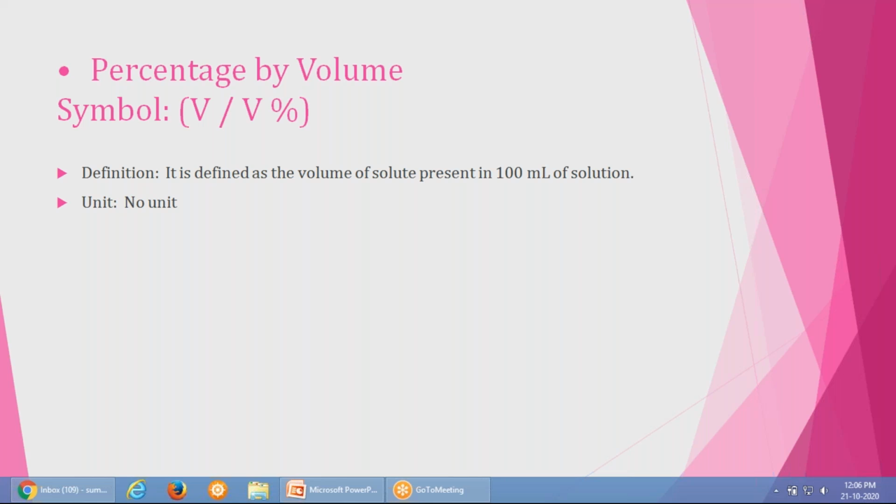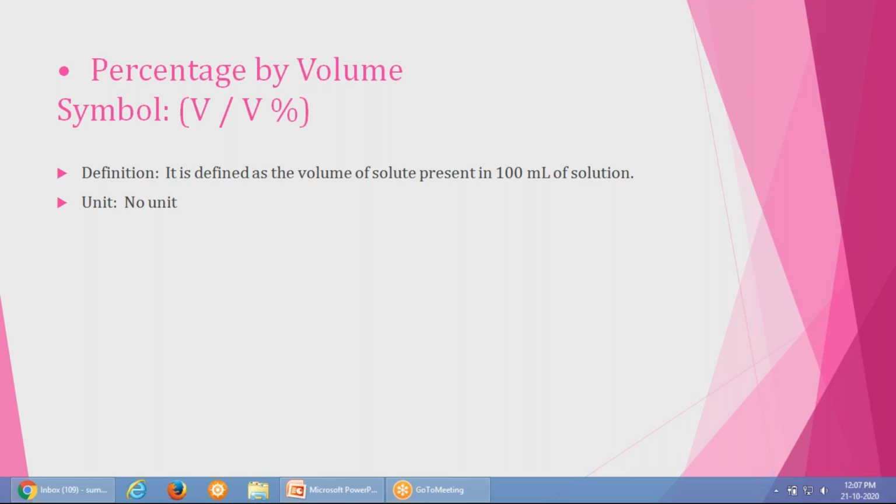What is the percent volume by volume concentration if the proof number of the solution is 2% volume by volume?